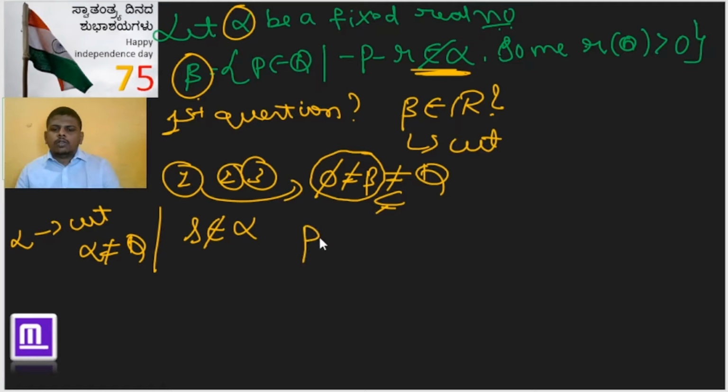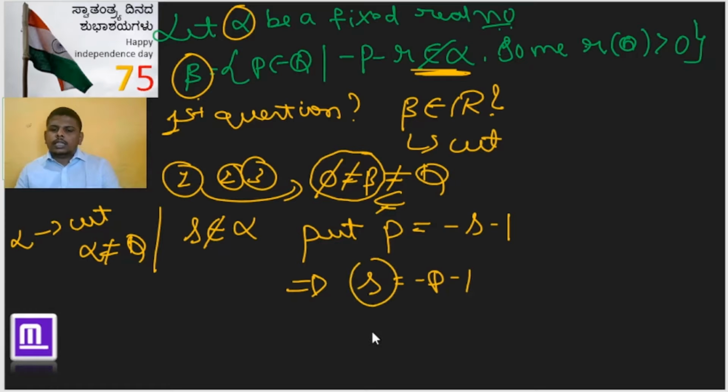Let p be a rational number, so that minus p minus 1, then we will get s equals minus p minus 1. What is this? Yes, this is a rational number which does not belong to alpha.